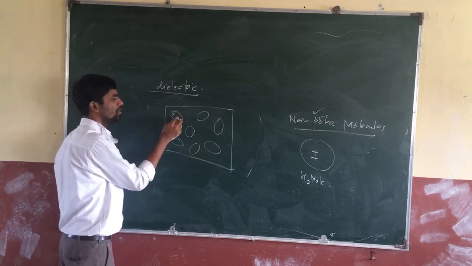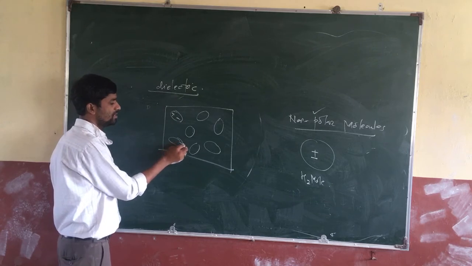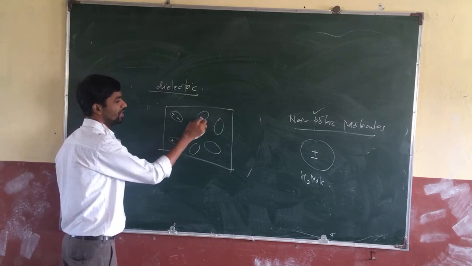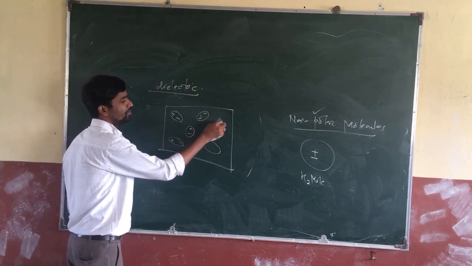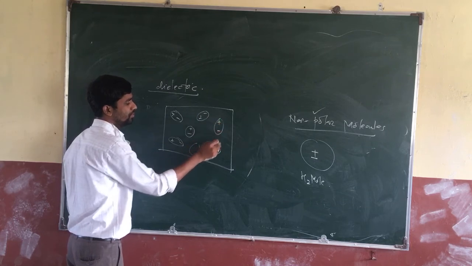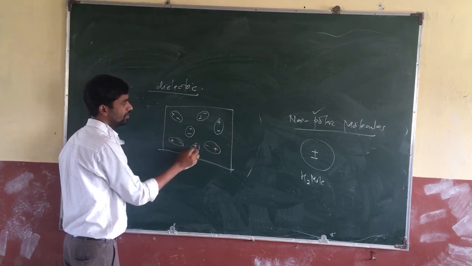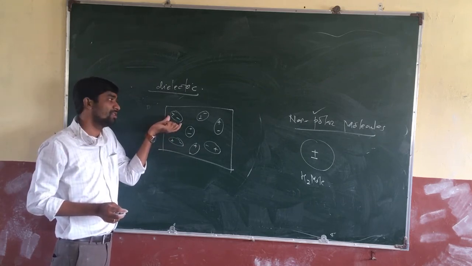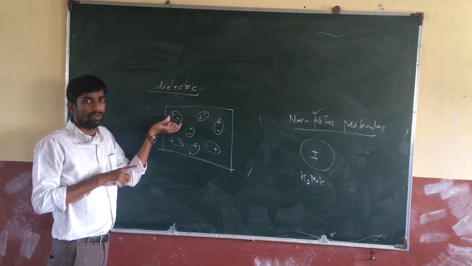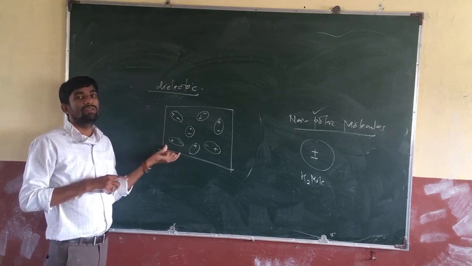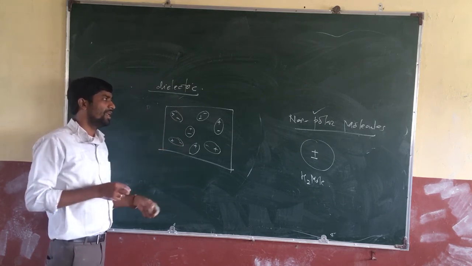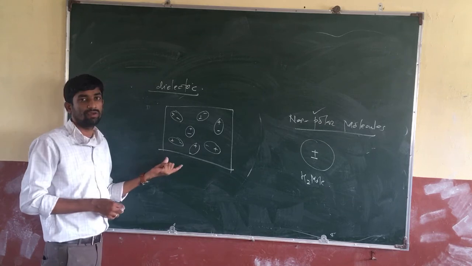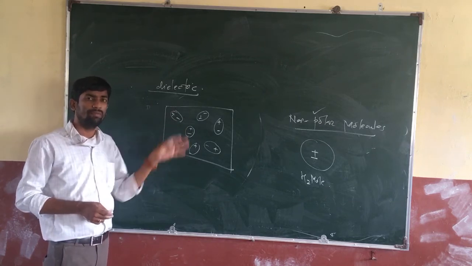That means this is positive charge, negative charge; this is negative, positive; positive, negative; negative, positive. Here there is a separation between the two charges, so these are polar molecules. Generally, the net polarization of these polar molecules is 0 because they are oriented in random directions.